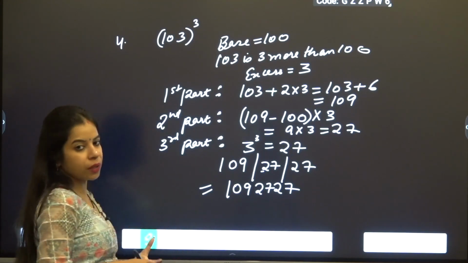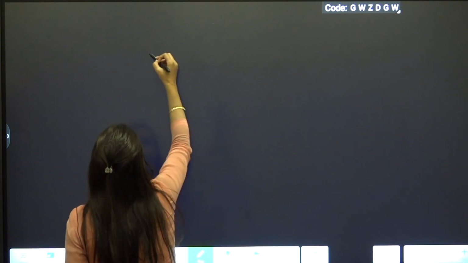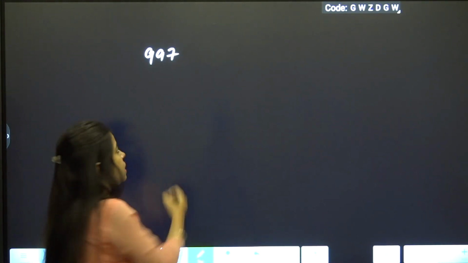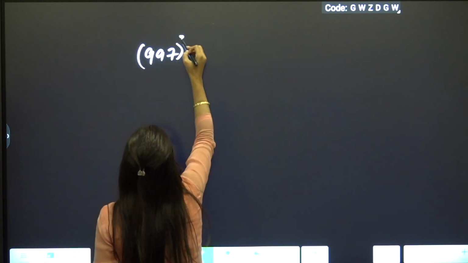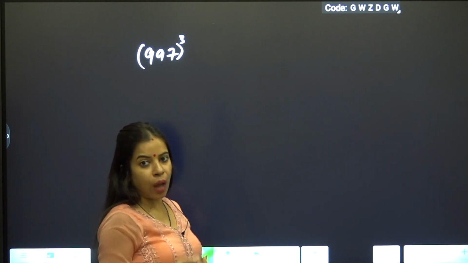Now let us take the example of the numbers which are closer to 1000. Now I am taking the working base as 1000. Say we want to find the cube of 997. We know that 997 is closer to 1000.